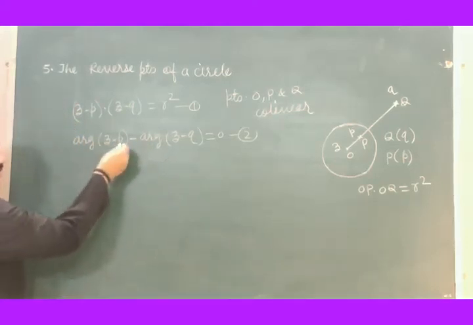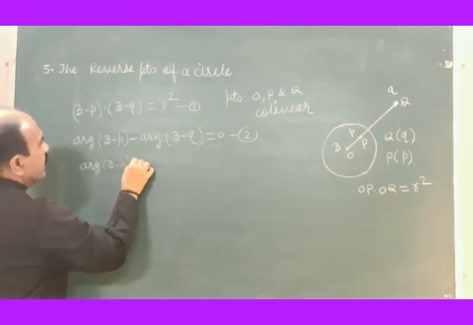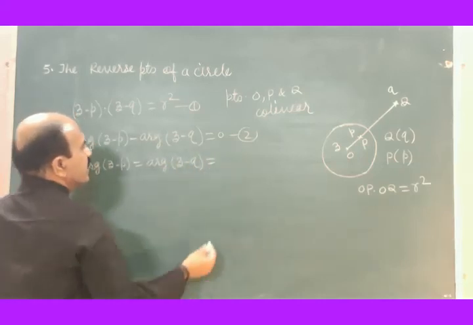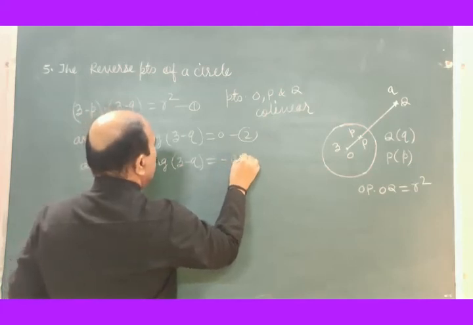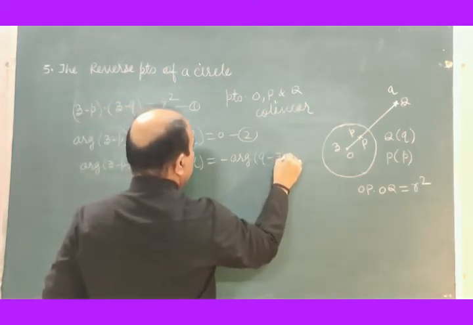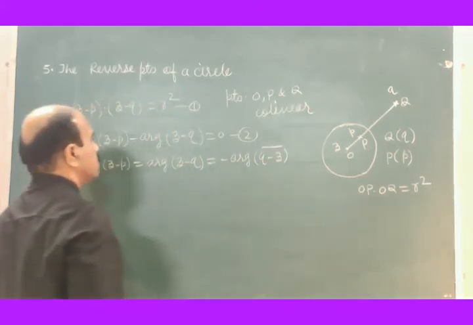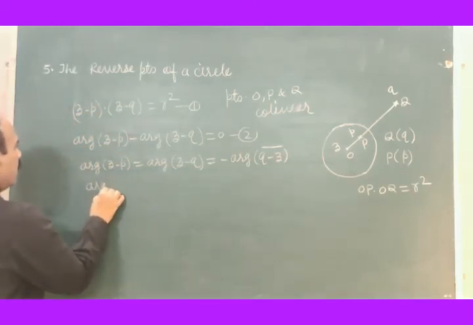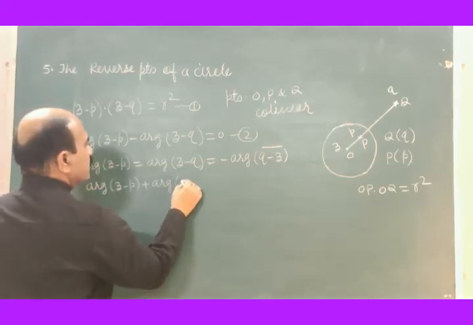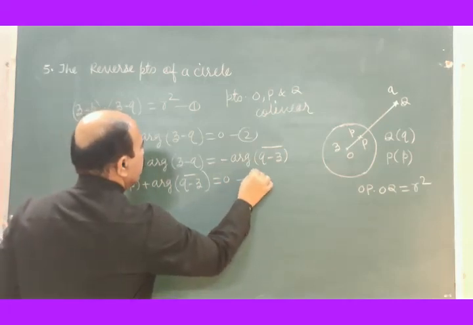As equation 2 is true, we may further write this as argument of Z minus p is equal to argument of Z minus q is equal to minus of argument of q minus Z bar, or argument of Z minus p plus argument of q minus Z bar is equal to 0, equation number 3.